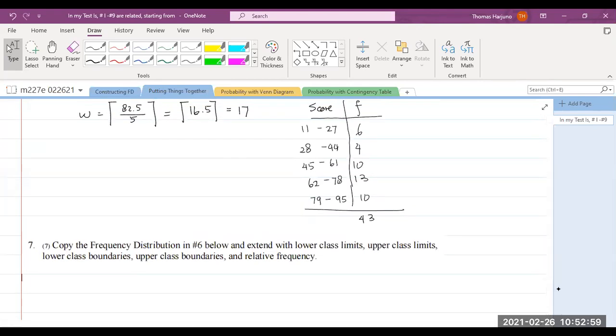Can I ask you to do this in 5 minutes maybe? Is it doable in 5 minutes? Okay, 5 minutes. So we start again at 10:58. Yeah, number 7. These are actually quite easy.